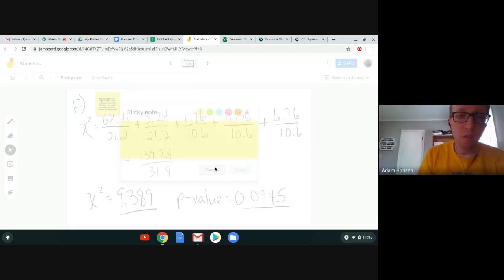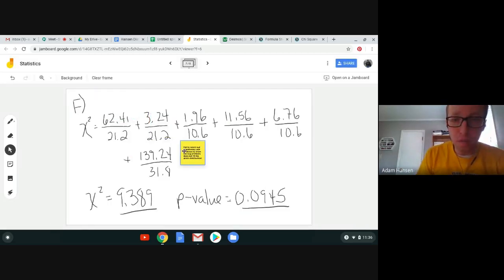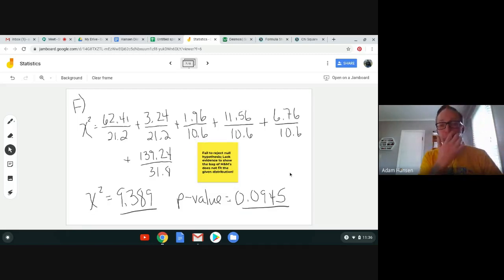Because if the bag actually did fit the given distribution, the chance that we find a bag such as ours is 9.45%, which is not within the 5% alpha type 1 error probability range, so we have to fail to reject.